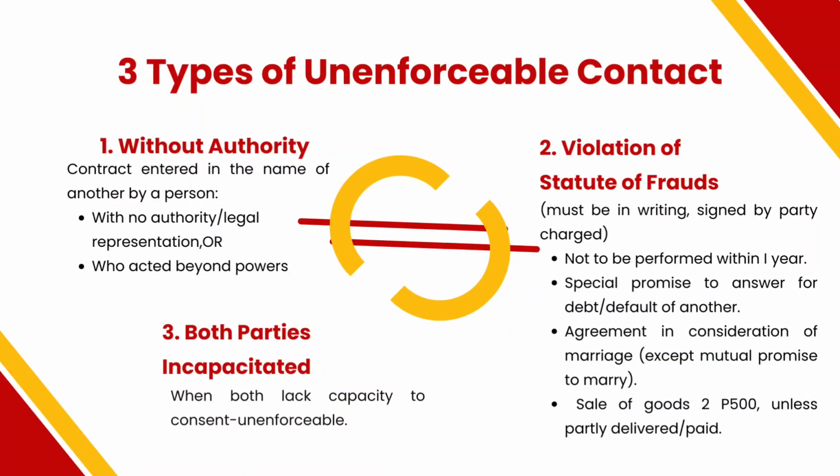Three types. 1. Without authority: contract entered in the name of another by a person with no authority or legal representation, or who acted beyond powers. 2.